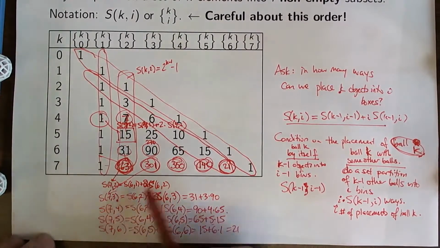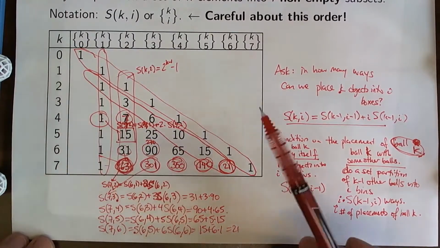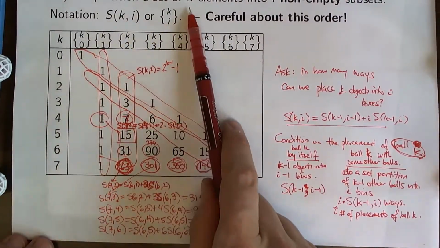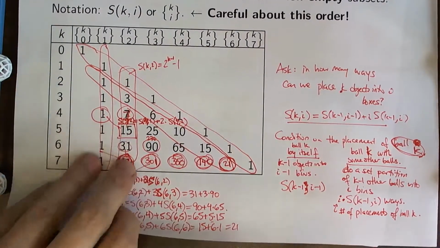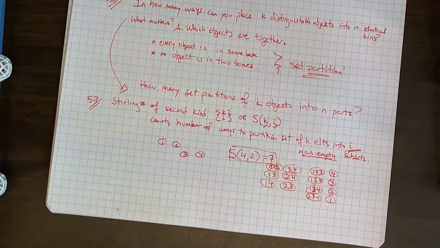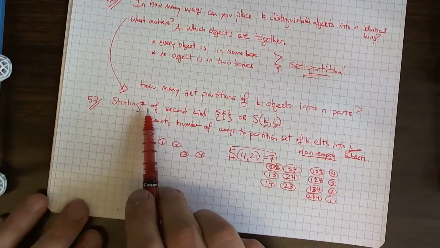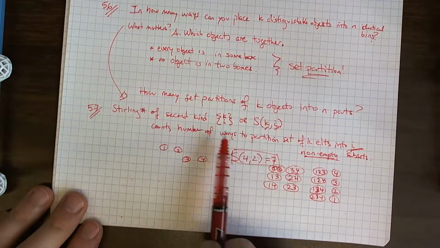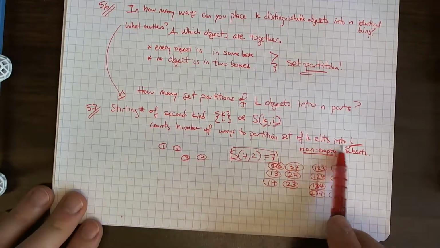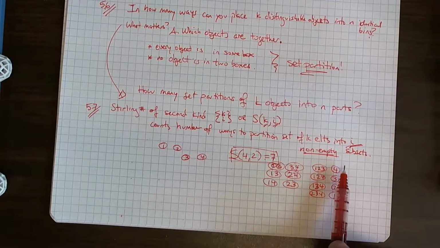Okay, so these are the Stirling numbers, and they count the number of ways to put k elements into i non-empty subsets. So let's write that down. The Stirling numbers of the second kind count the number of ways to place k objects into i identical boxes.